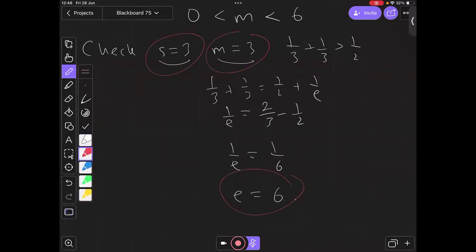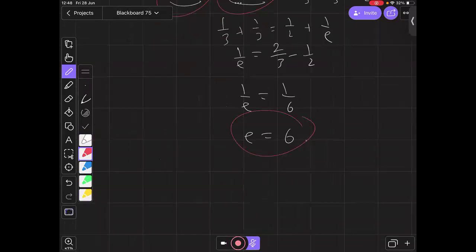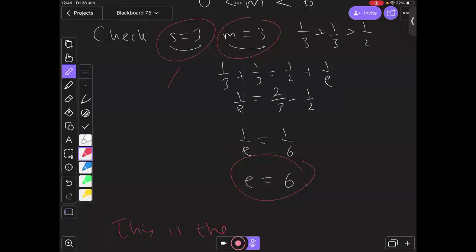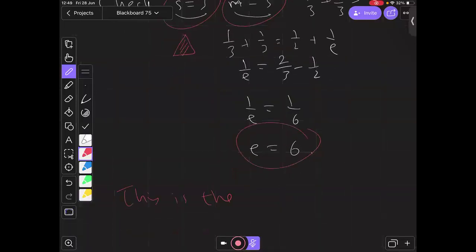What shape is that? Six edges built out of triangles. What shape is that? It's the tetrahedron, isn't it? Yeah.